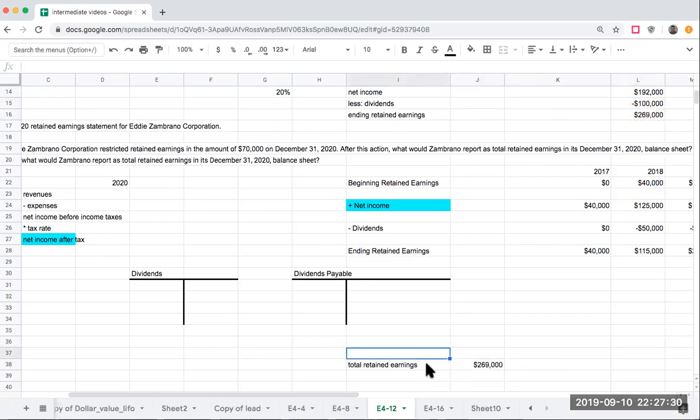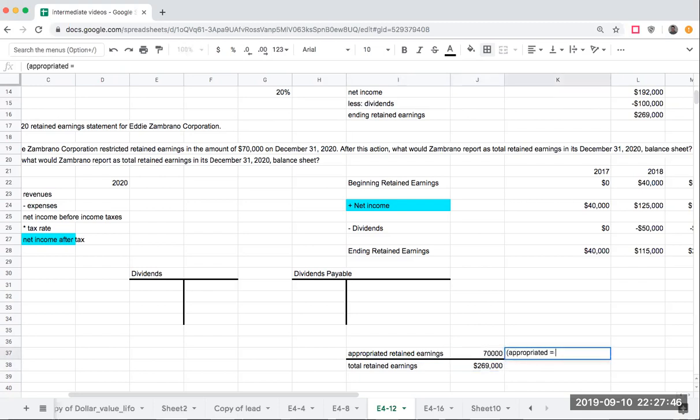However, it's made up of two components: appropriated retained earnings, which is $70,000, the same thing as saying it's restricted. And the difference, 269,000 minus 70,000, is my unappropriated retained earnings.